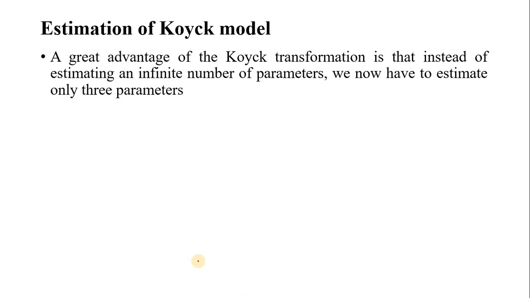Now we started with a large equation, xt minus 1, beta 0, beta 1, beta 2 up to beta k. But now you look at this equation: it has yt, then one parameter here, one parameter here, xt and yt minus 1. Here we have only 3 parameters to estimate.